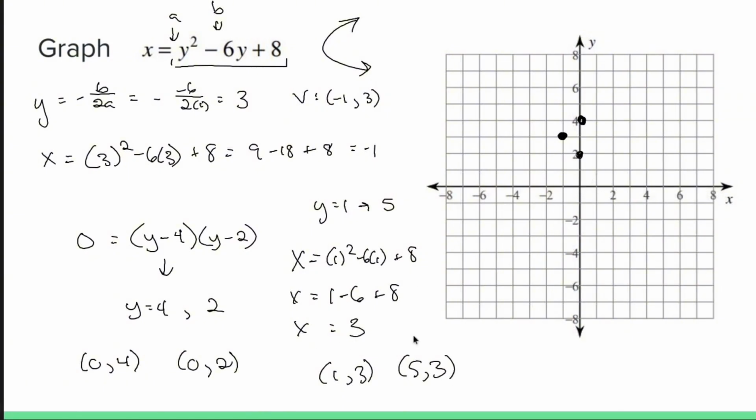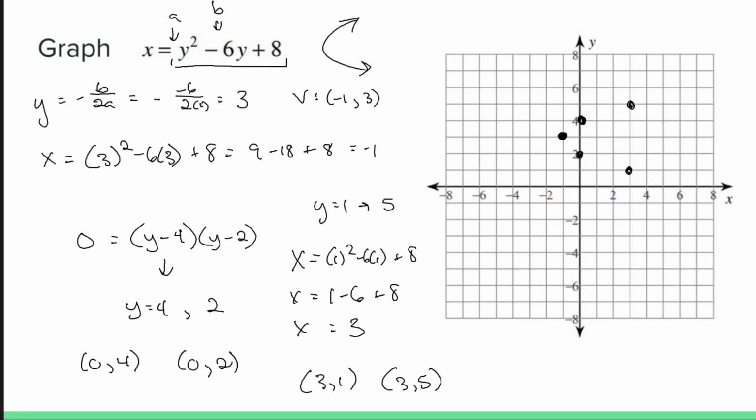Oh, wait, no, I got it backwards. It's 3, 1 and 3, 5. You have to be so careful with these. So 3, 1 and 3, 5.